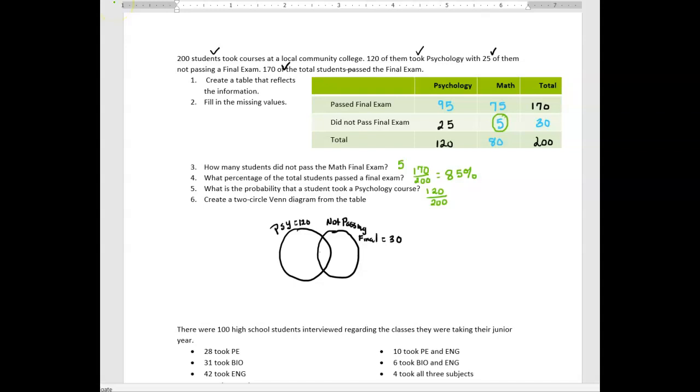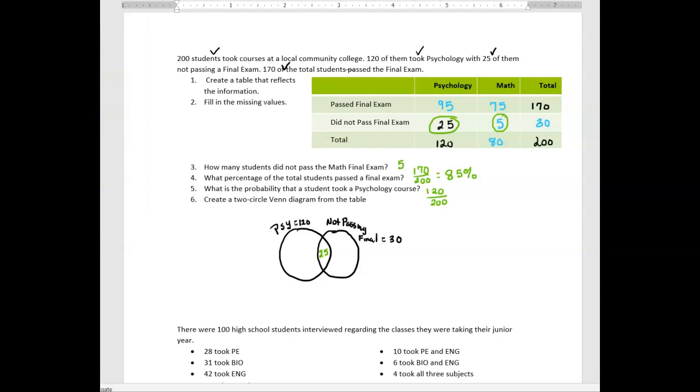25 of them took psychology and did not pass it. So there's that 25 from this box here.